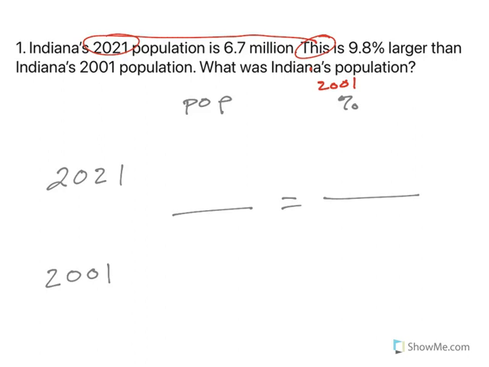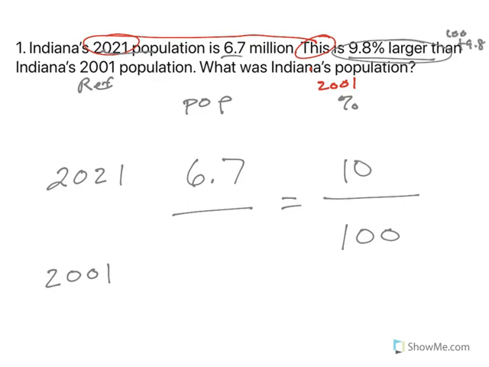So let's go back to our problem. 2021 population is 6.7 million. This is 9.8% larger. That means 2001 is the reference of 100%. And if we are larger than that, then I'm going to take 100 plus 9.8, and I get 109.8.